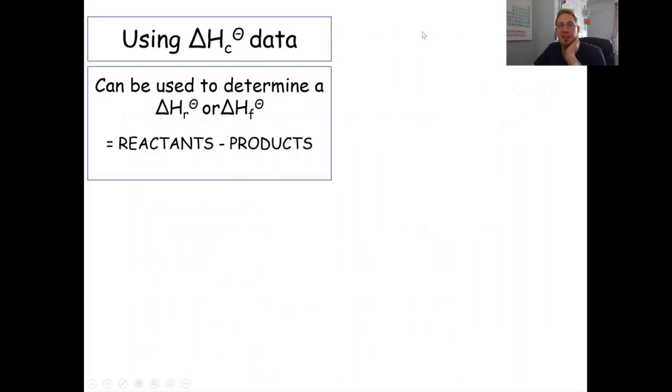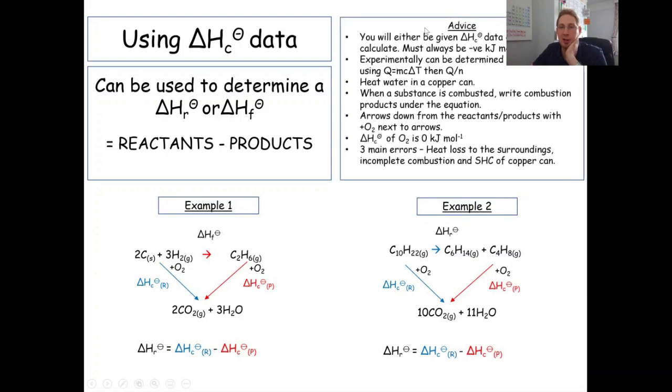This is Dr. Butterworth's slide reminding you of using enthalpy of combustion data. You will either be given the enthalpy of combustion data or asked to calculate one value. Combustion data is always negative, in contrast to the bond energy data; combustion always releases energy.